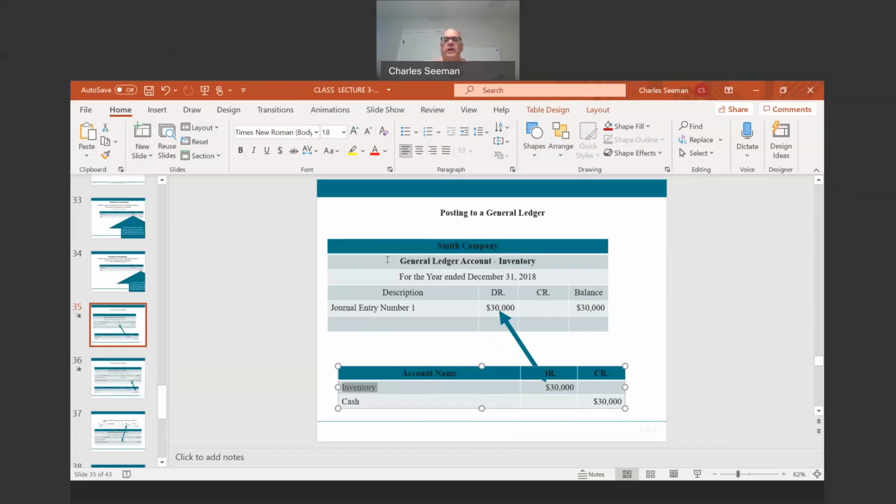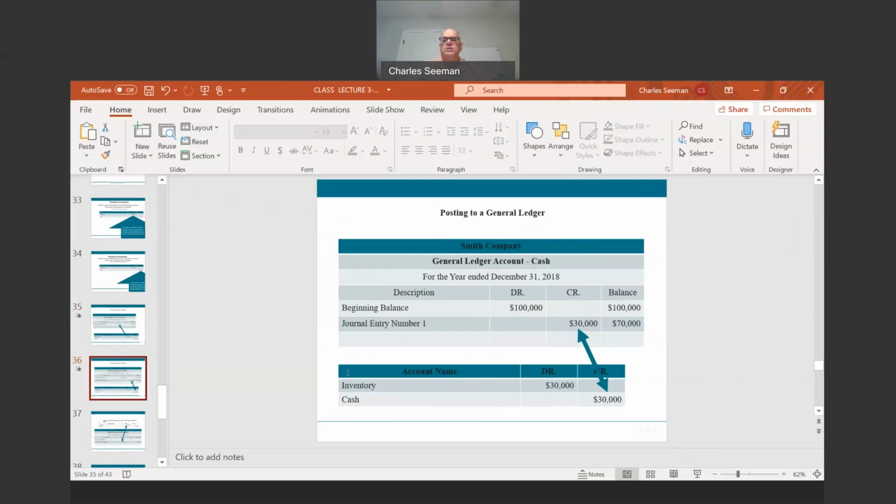The general ledger is a listing of all your accounts. Inventory, you increase it by 30,000. That's what it means. And then you use the term cash here and credit cash, a reduction. Same thing here.